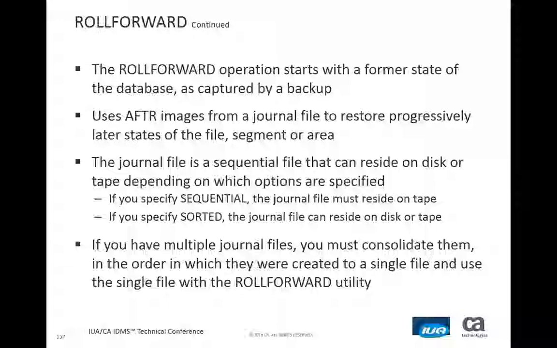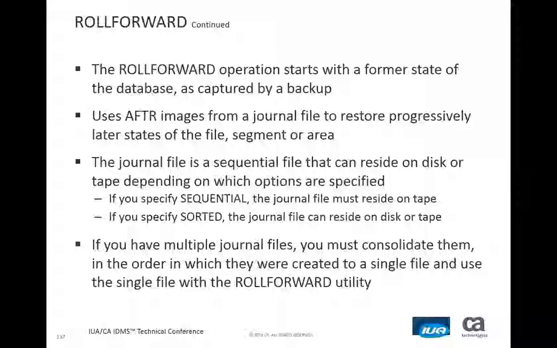So we're going to be going to a backup file, and then starting at that point, we're going to be taking the after images that IDMS generated, all of the results of the update operations, and rolling them forward through the database to create a database at some point in time where our integrity is restored. So again, it uses the after images to progressively restore the file segment or area to the point that we want to deal with it.